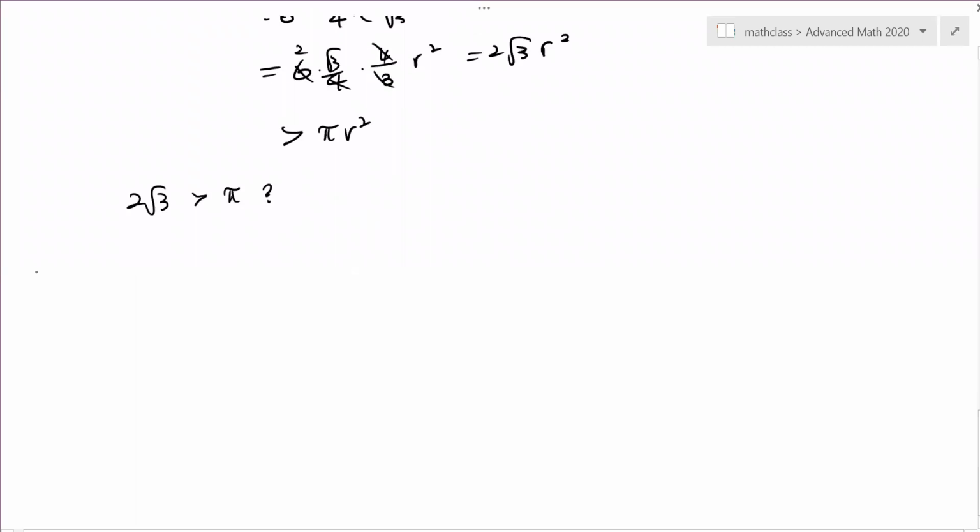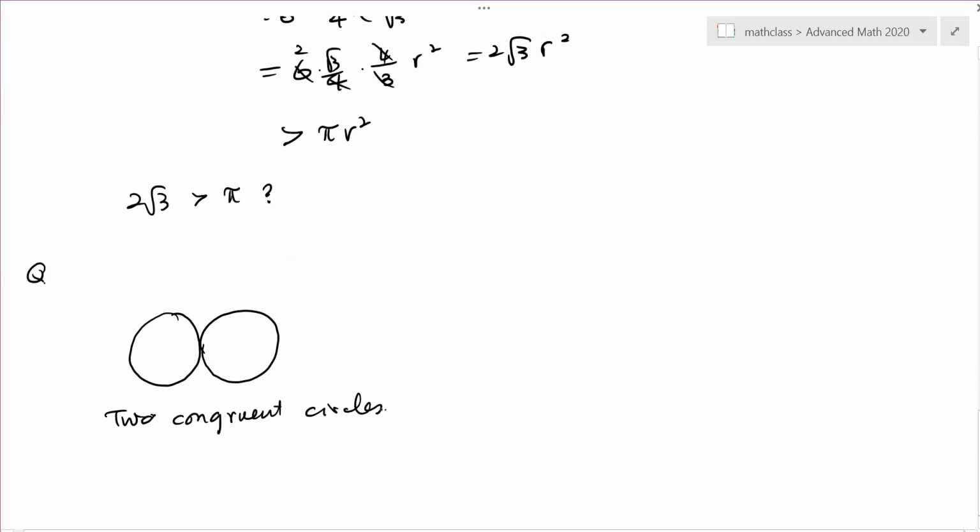All right, so now I want you to try this problem. We have 2 congruent circles. Those are 2 identical circles, and I don't know their radius. So what I'm doing is I draw the line from the center of one circle, tangent to another circle.